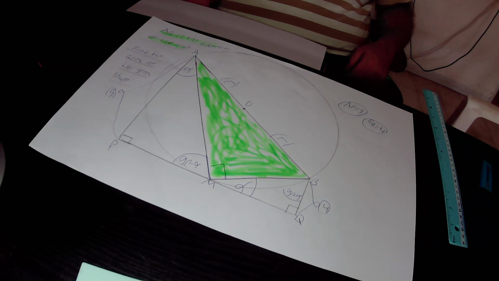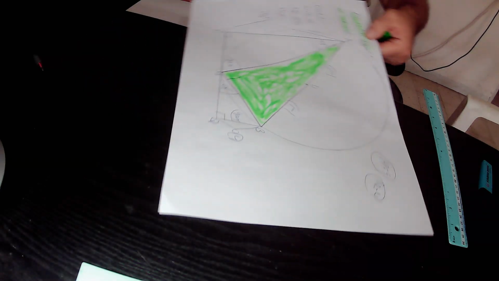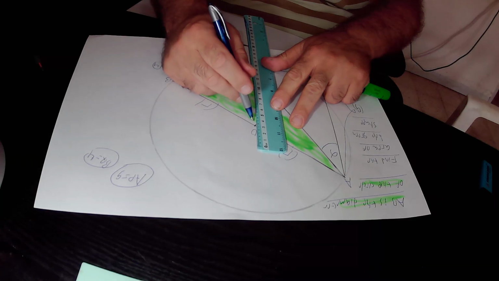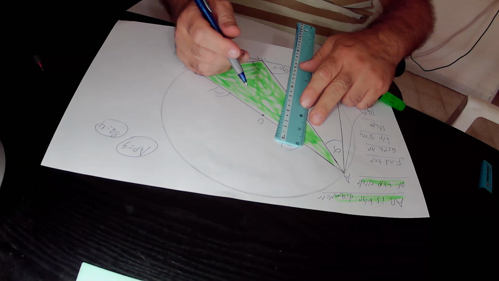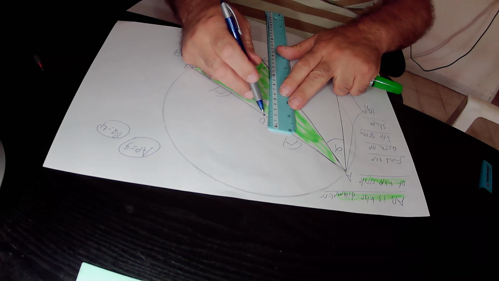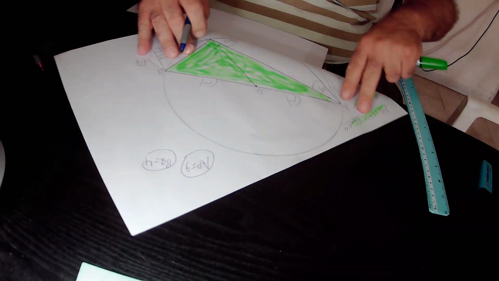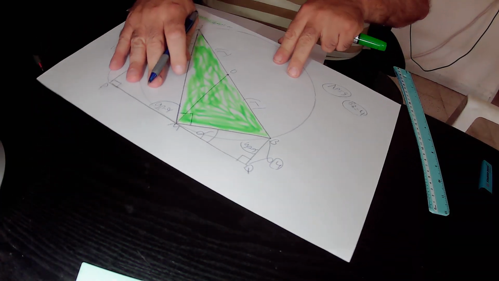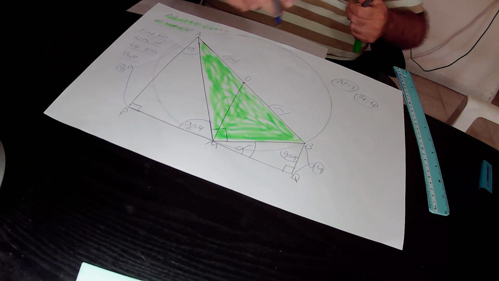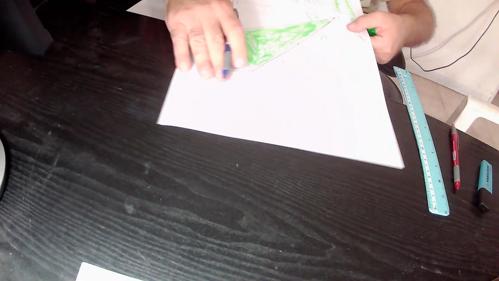In the next step, we join points O and M together by a straight line. Point O is the center of the circle, point M is a point of the circle itself, therefore OM is the radius of the circle that equals R according to our definition.